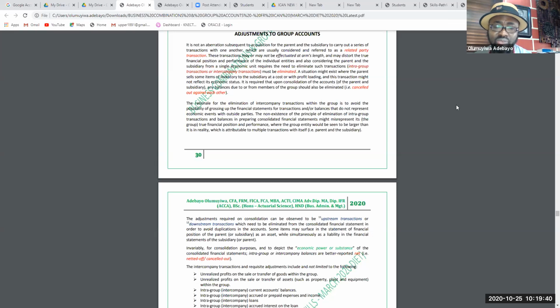Now, since they deal with the same product, only that they operate in different geographical locations, what happens at that point is that to achieve synergy, they tap into what we call economies of scale. What is economies of scale?